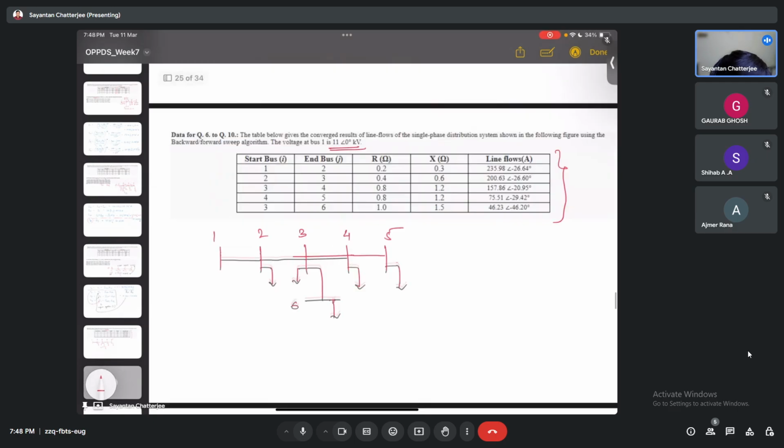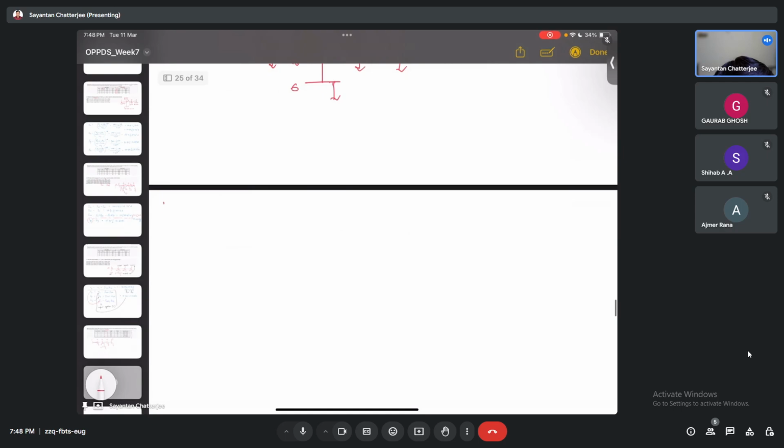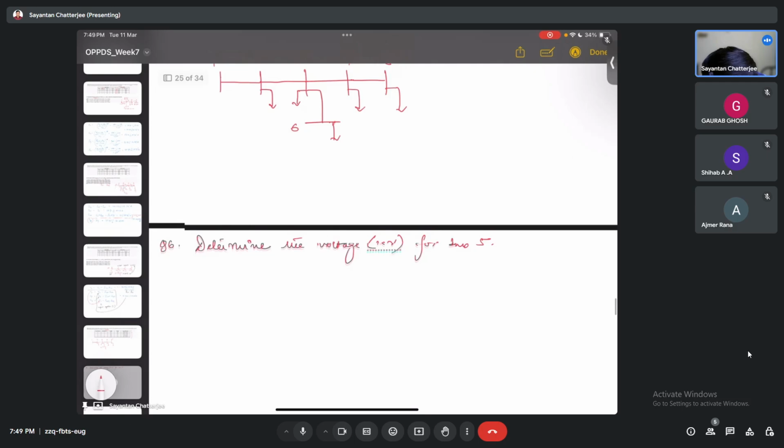Question number, let's say, question number 6, although it's not 6 here. So determine the voltage in kV for bus 5. That's the question.